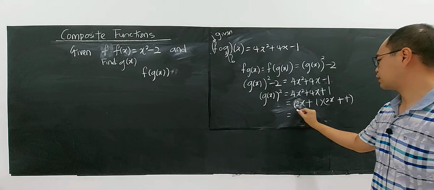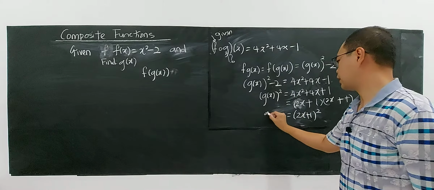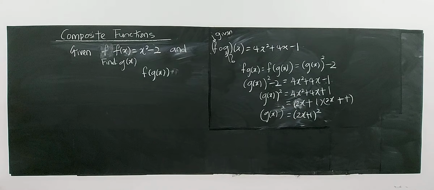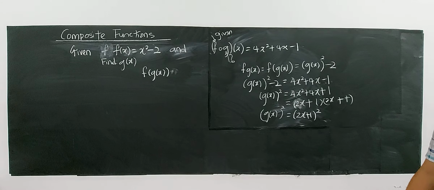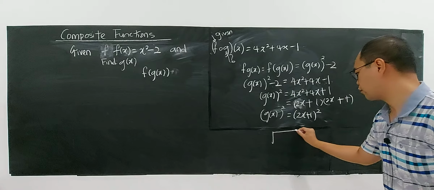So this means you have (2x plus 1) to the power of 2, and g(x) to the power of 2 equals (2x plus 1) to the power of 2. Now you can find the value of g(x) by taking the square root of both sides.